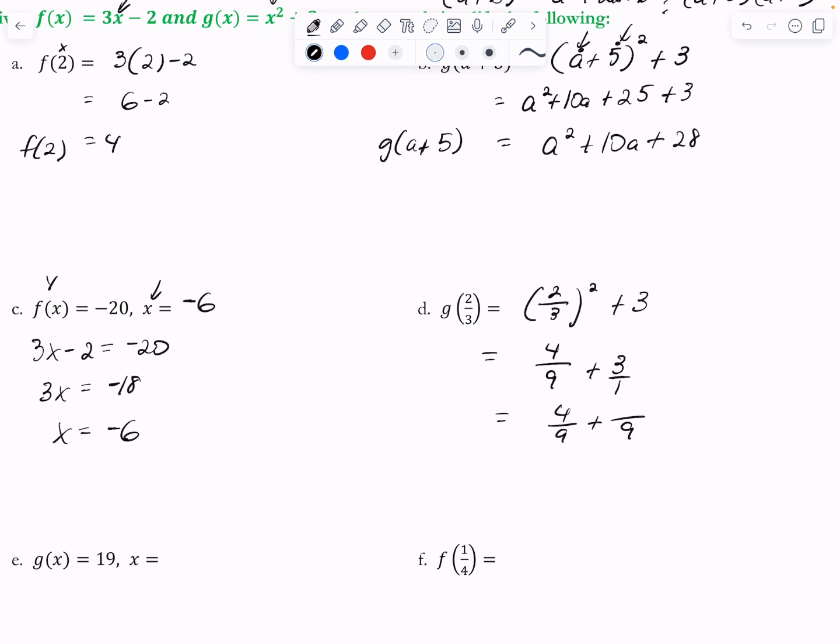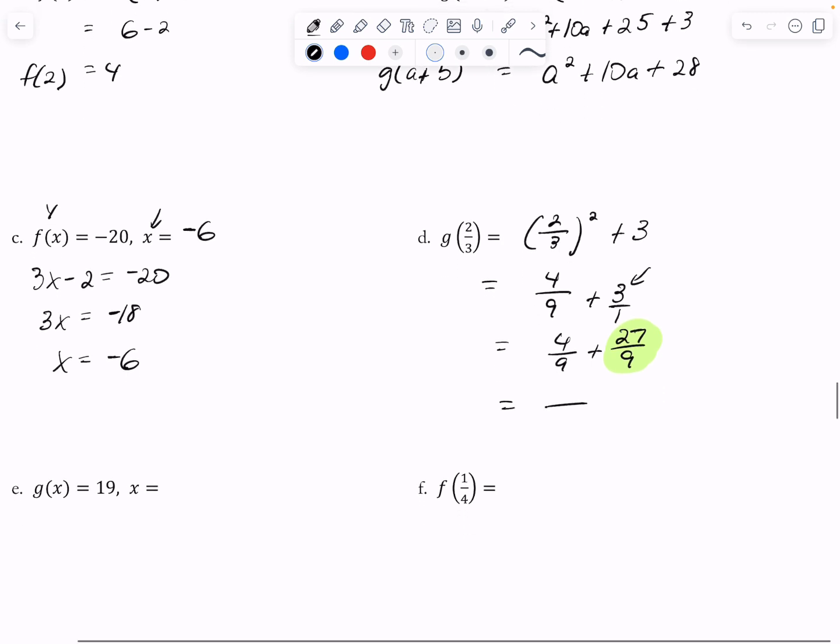To get from 1 to 9, I multiply by 9. So 3 times 9 is 27. That shouldn't surprise you, because if you were to divide 27 by 9, you would return back to 3. Now I can add the numerators, keep the denominator the same, to get 27 plus 4, which is 31/9. If you would like to write that as a mixed number, feel free. Improper fractions are totally fine.